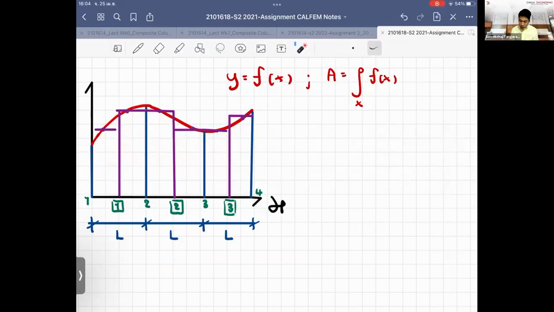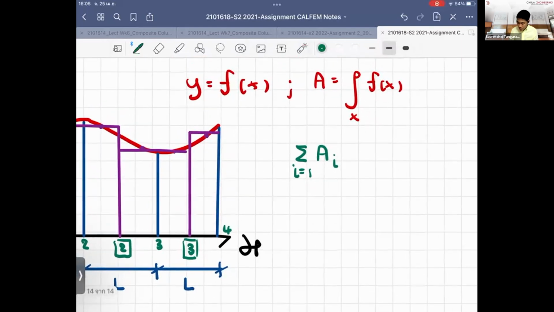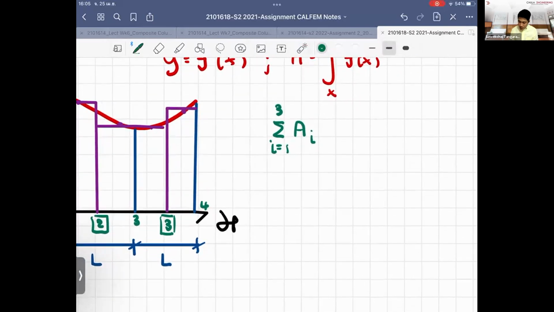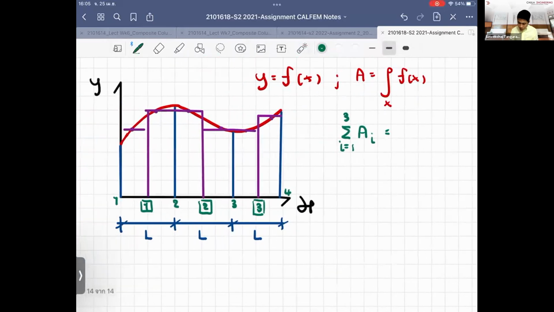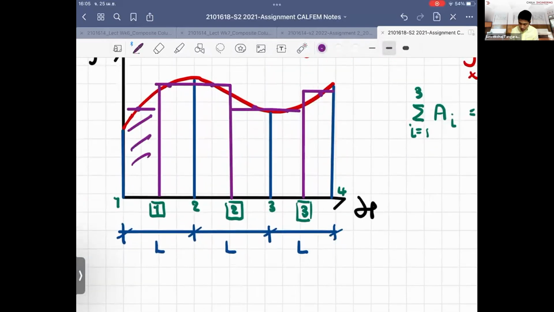But if we use some type of approximations, it is the summation of the areas for each of the linear portions that I discretize from 1 to 3. And each portion gives me the approximation of the area as linear, which is constant.